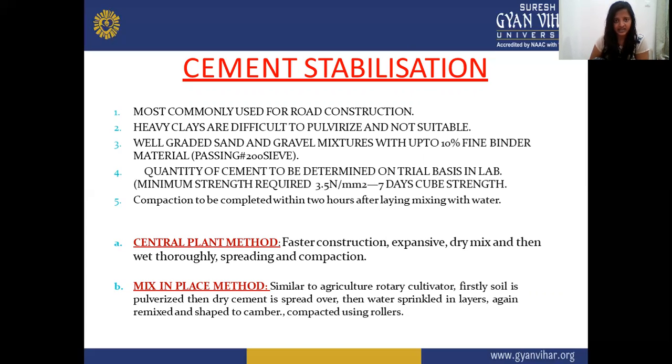Well graded sand and gravel mixtures with up to 10% fine binding material, passing the 200 sieve, are used, and the quantity of cement is to be determined on a trial basis in the lab. Minimum strength required is 3.5 Newton per mm square. That is 7 days cube strength. So within 7 days, it should have 3.5 Newton per mm square minimum strength.